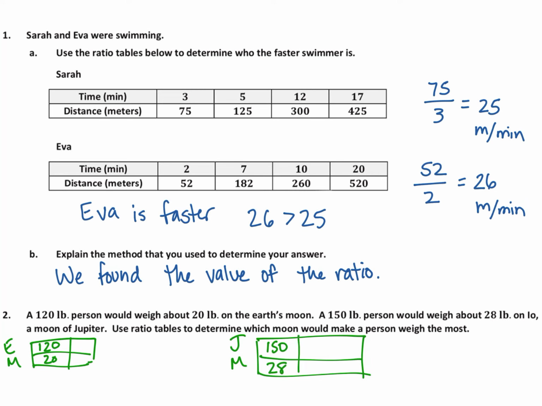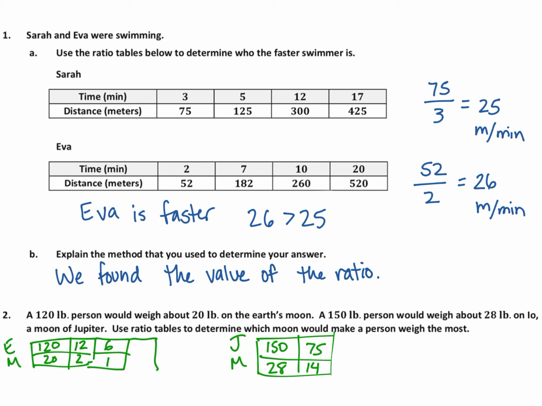120, we can get rid of the tens or divide a 10 out, and that would be 12 and 2. Then we can divide a 2 out and we'd get 6 to 1 as our ratio. Over here, they're both even, so we can divide a 2 out of it. 28 divided by 2 is 14, and 150 divided by 2 is 75.